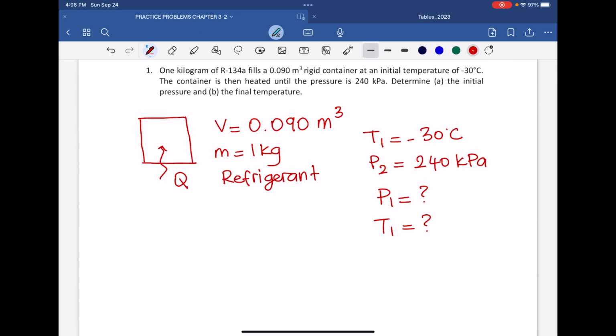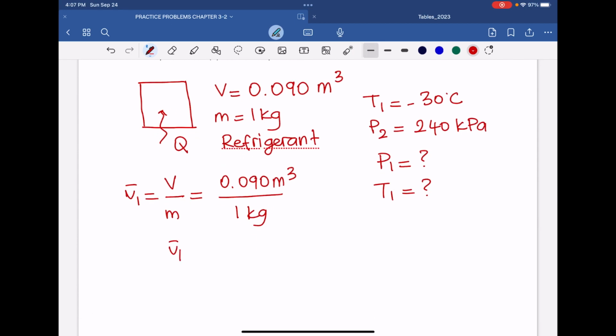So at first state, the specific volume is the total volume over mass, which is 0.090. So specific volume at the first state is 0.09 meter cube per kilogram.